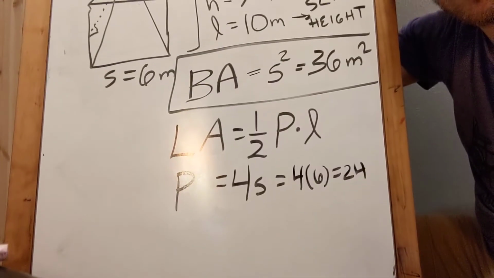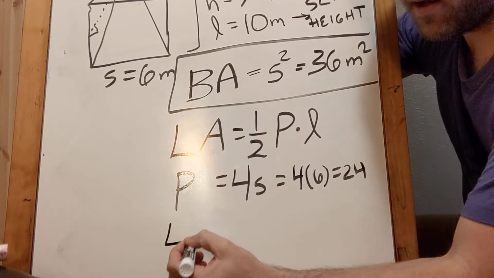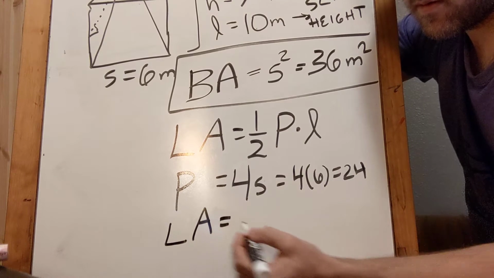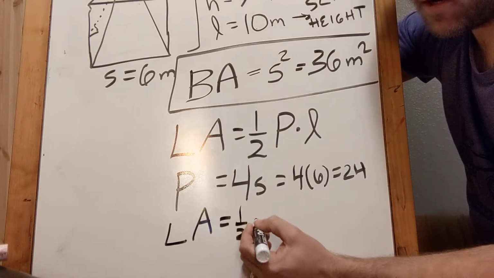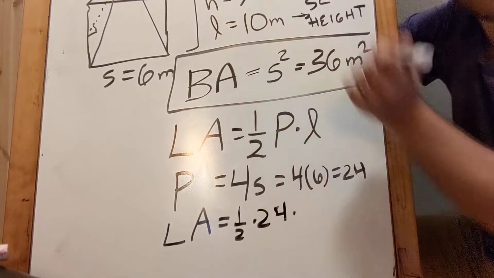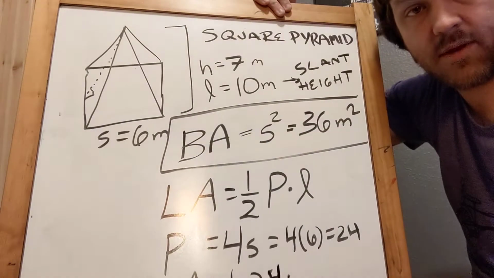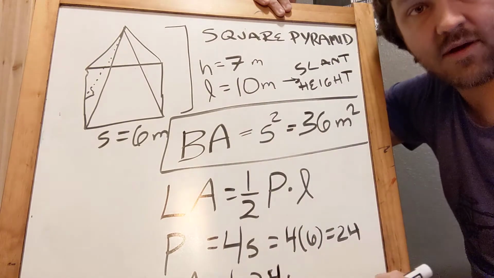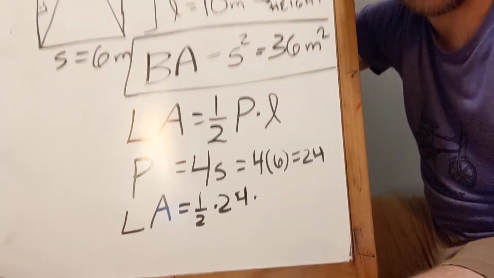So then our lateral area is 1/2 times 24 times 10. Again, that 10 is coming from the slant height right here, and that's what we're plugging in for that value.